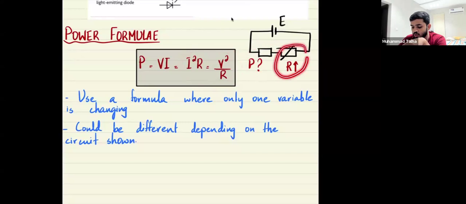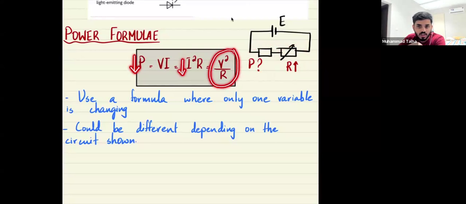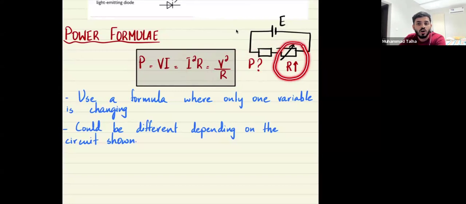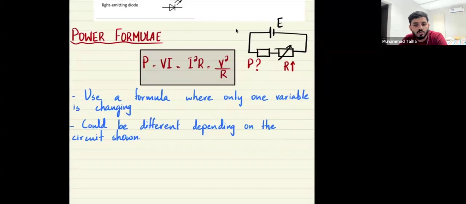If I say resistance goes up, this means the total resistance increases, so current goes down, so power also goes down. I also get the same conclusion by using the other formula. If this resistance goes up by voltage division, this takes up a greater fraction of the voltage. So the voltage across this goes down, and again, power goes down. So just be sensible in whatever formulas you use.